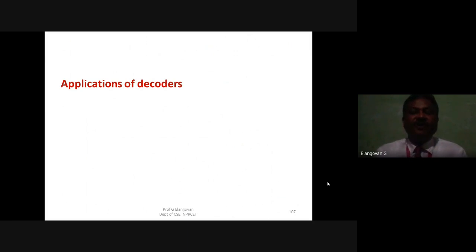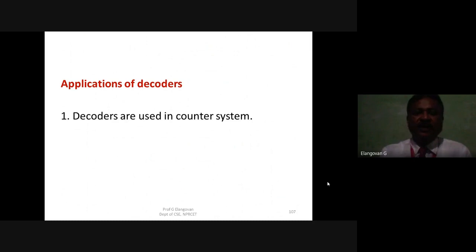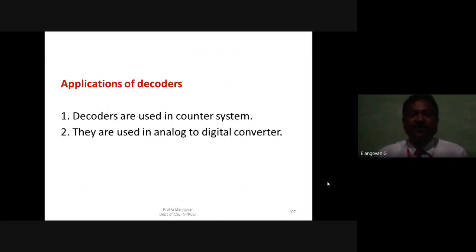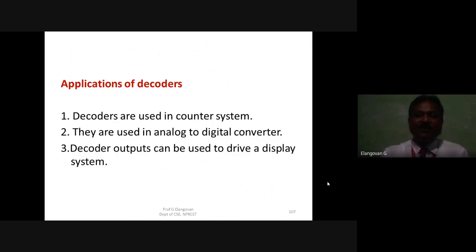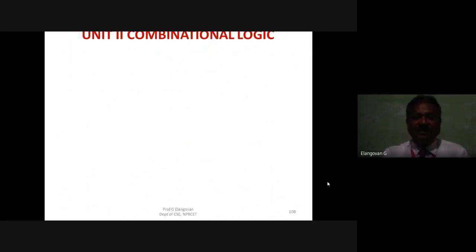If you look at the applications of decoders, they can be used in counter systems, in analog to digital converters, and to drive display systems.